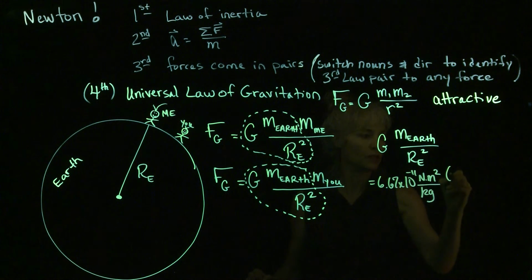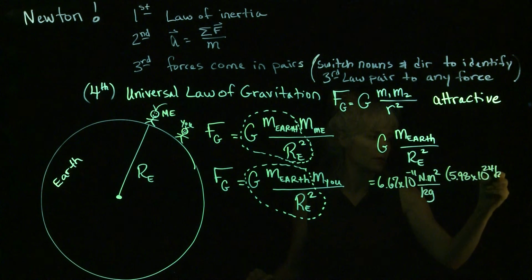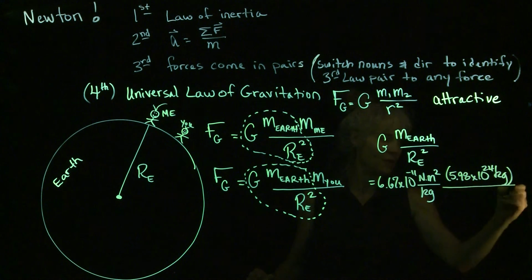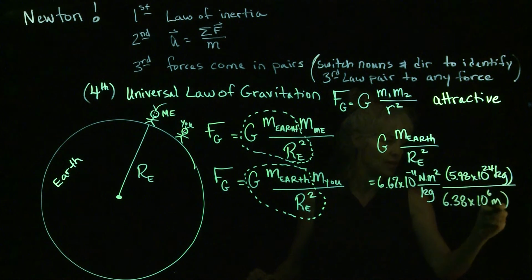The mass of the Earth is 5.98 times 10 to the 24th kilograms. And then we're going to divide that by the radius of the Earth, which is 6.38 times 10 to the 6th meters. And we got to square that whole denominator.